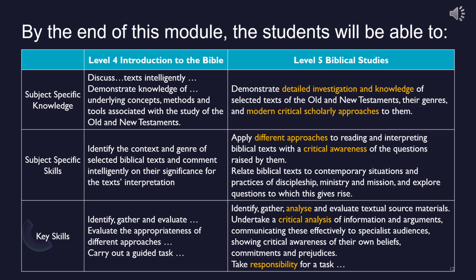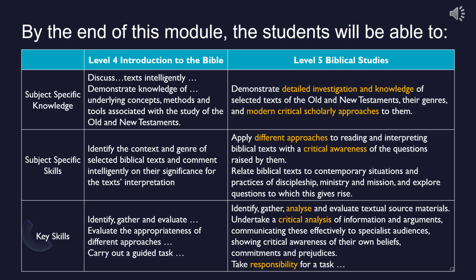And similarly at key skills, as I pointed out earlier, you've got this analysis comes in at level 5. We're expecting you to show that ability to analyse different arguments, and hopefully the titles that we give you to complete for the assessed work in these modules will enable you to demonstrate these things.